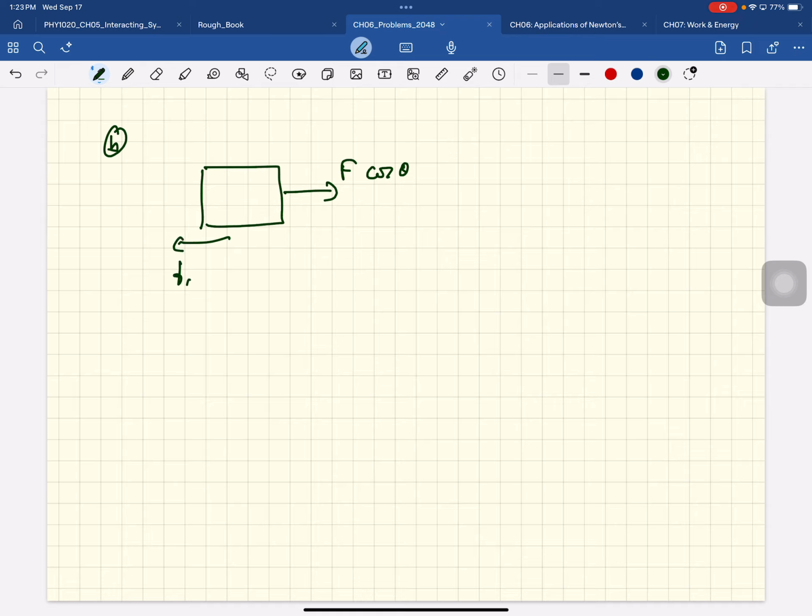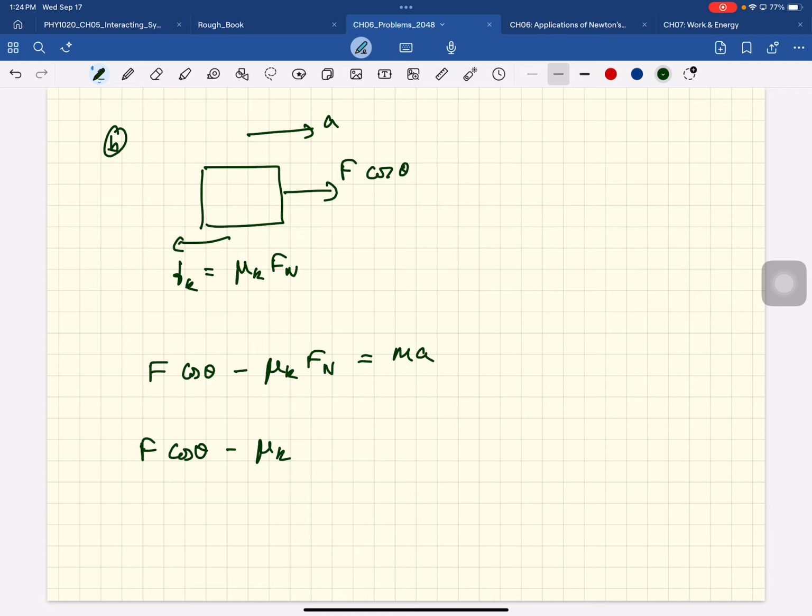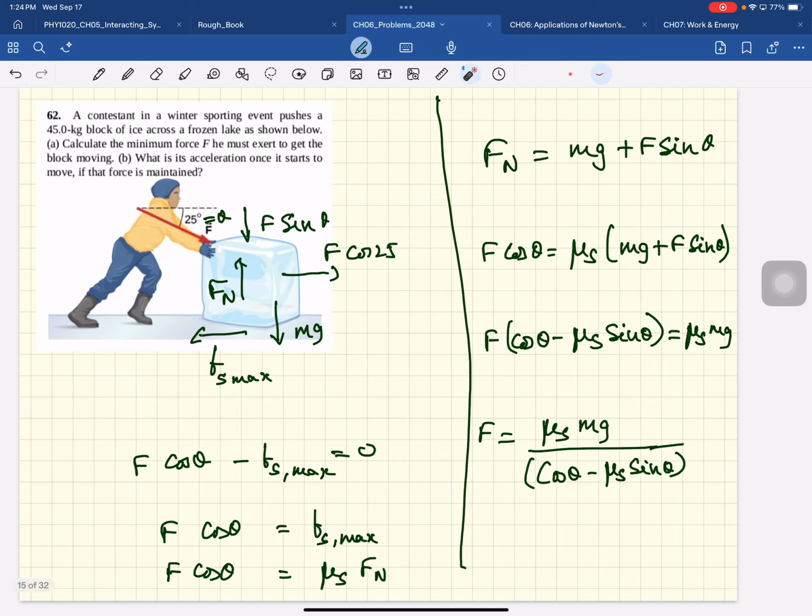And now the friction force is mu k times the normal force. So F cosine theta minus mu k times the normal force equals mass times acceleration. And the normal force is the same.